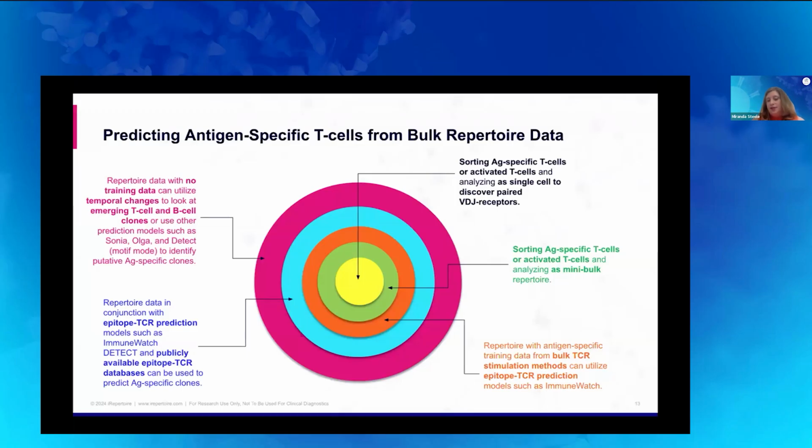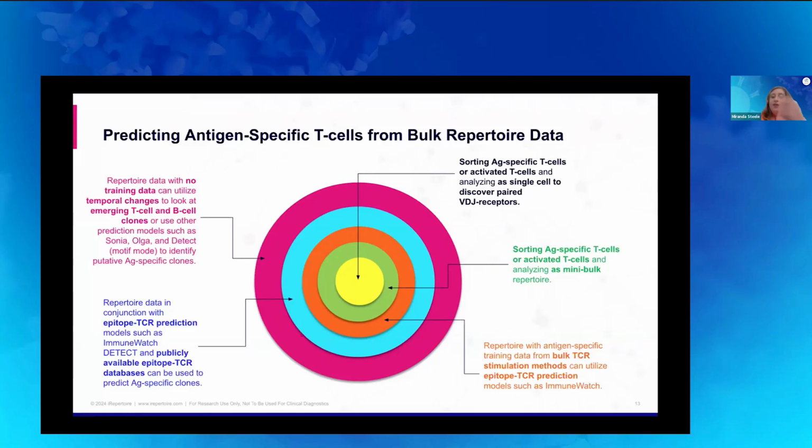And to do this, you can basically stimulate PBMC samples with various epitopes and look at the emerging clones and then use those as the training data set for the ImmuneWatch DETECT platform. And in that approach, you basically are becoming more and more specific and better accuracy in terms of determining what are the antigen-specific clones that are within your data.